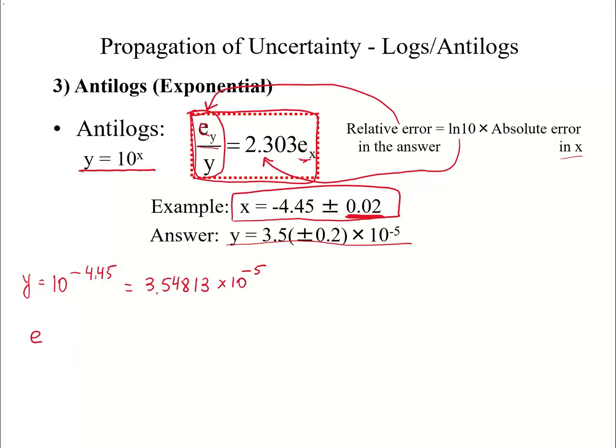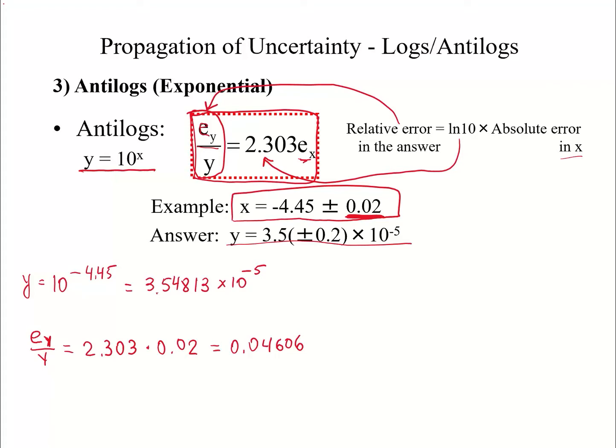Which is going to be our absolute error divided by the value of y. So I'm going to use my formula, 2.303, and multiply it by the absolute error in x, which we said was 0.02. This gives me the following value, 0.04606. And again, this is the relative error. I want to know the absolute error in y.